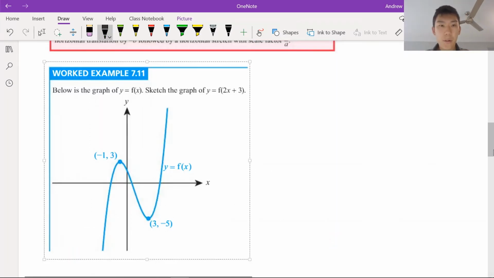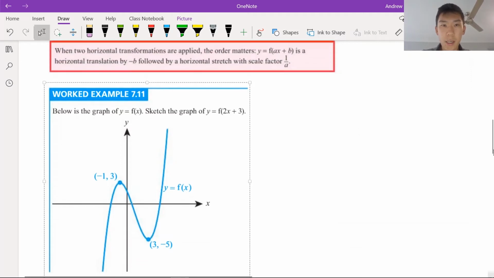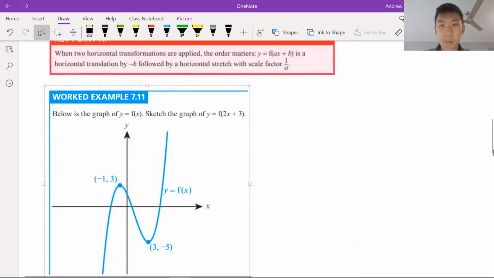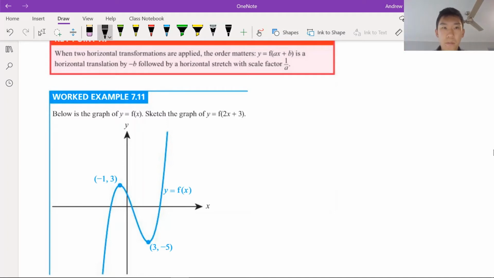The next type of function we'll look at sketching is f of ax plus b. So to sketch this one, it's kind of like reverse order of operations, right? So we actually take into account b first, and then take into account a. So what b represents is the horizontal translation.